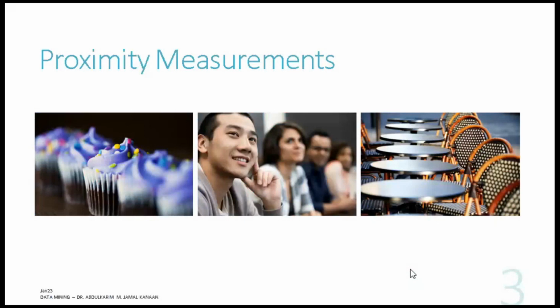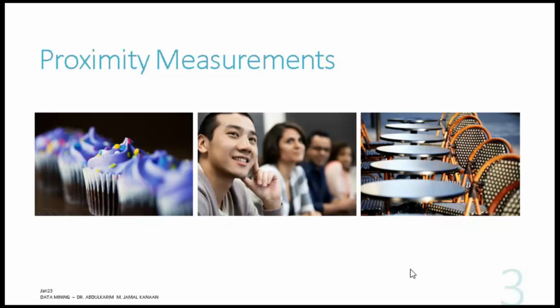So the idea is, let's say I got objects and I would like to measure them to see how similar they are or how different they are. If you remember, one task of data mining is clustering. We mentioned it in the introduction slides where we talked about the tasks. So clustering, how are they going to group a list of objects? If I provide a data set with a list of objects, how are they going to group them up?